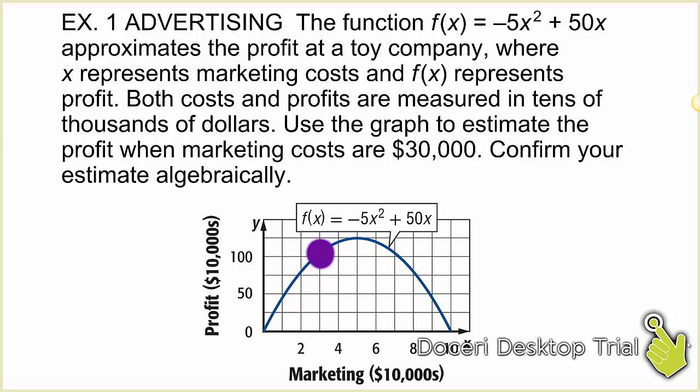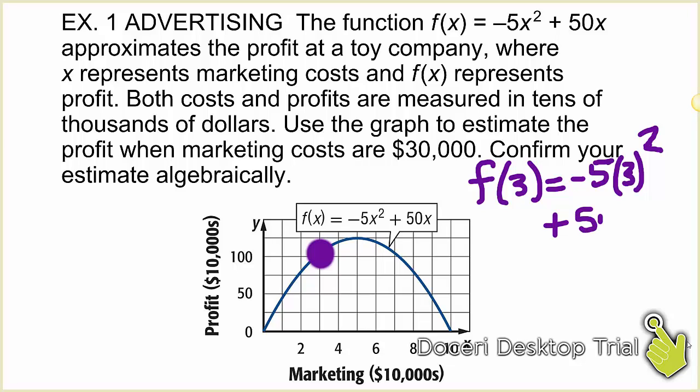Okay, so I'm going to then confirm this algebraically by plugging in 3 into this function, not 30,000. It's because 3 represents $30,000. So over to the side here, I'm going to do f of 3, and I'm going to plug that into my function. So f of 3 is going to equal negative 5 times 3 squared plus 50 times 3.